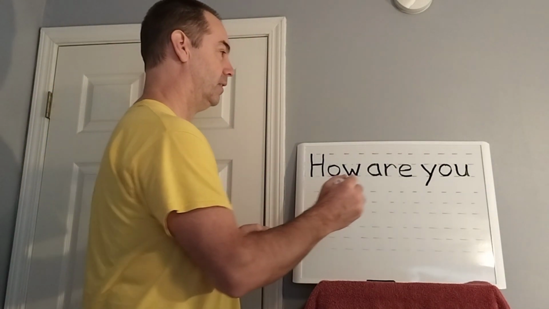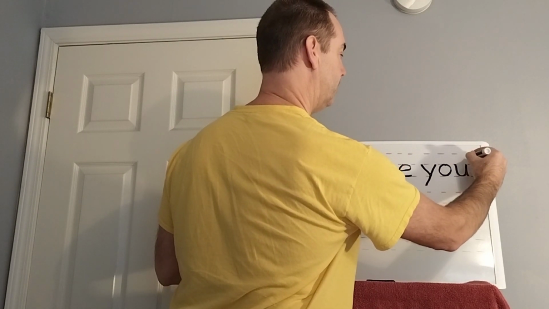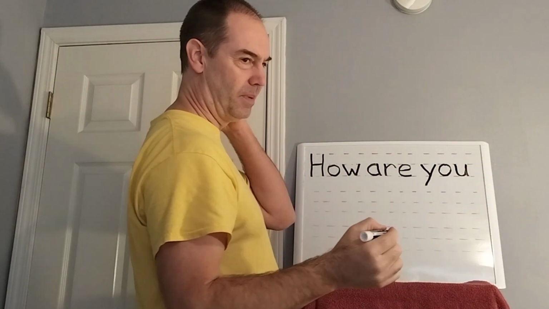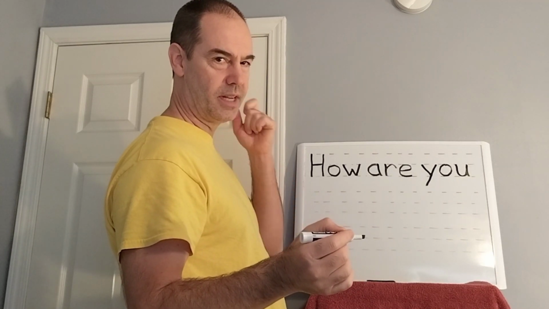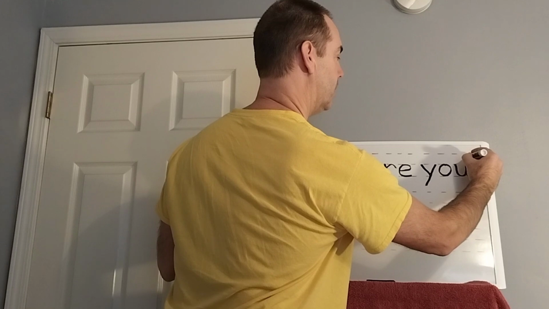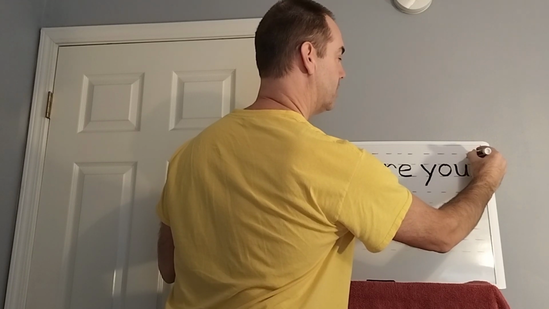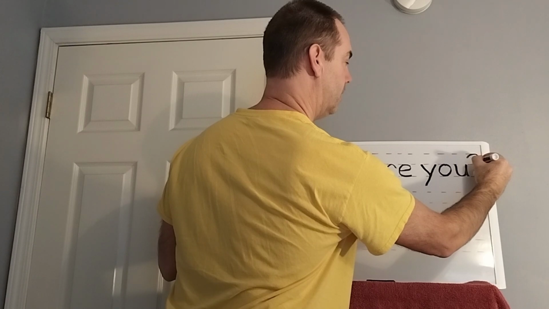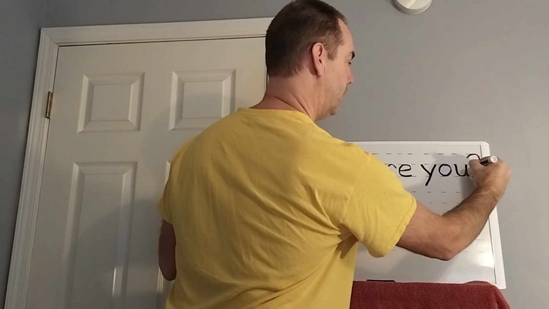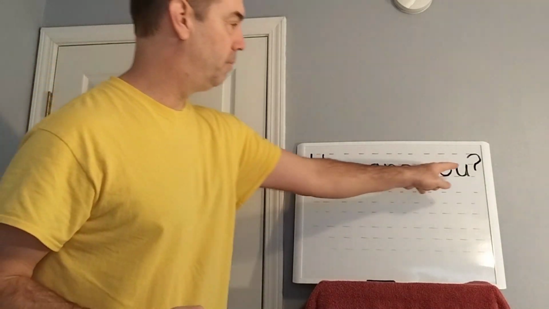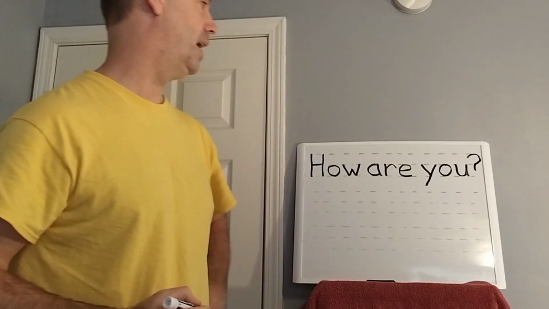Here we go with the question mark. We start it right here, maybe approximately halfway between the top and the middle line, below the top line. We go up and touch the top, and then we come down to the middle, and then stop about halfway down between the middle line and the bottom line.